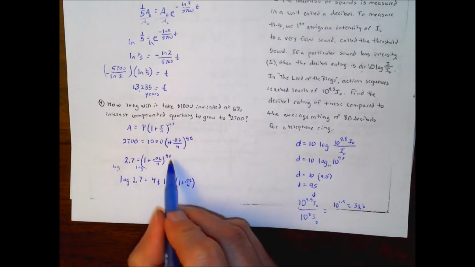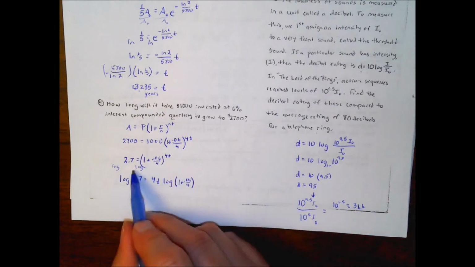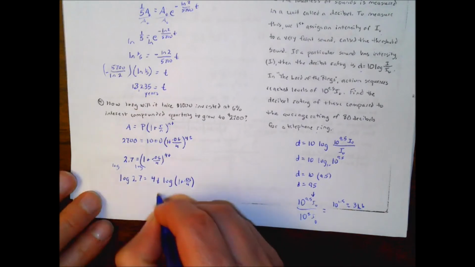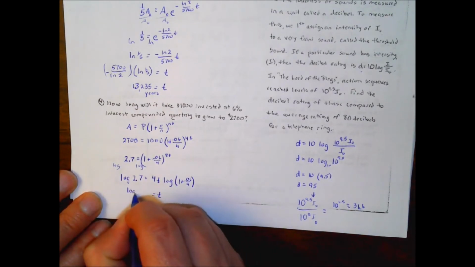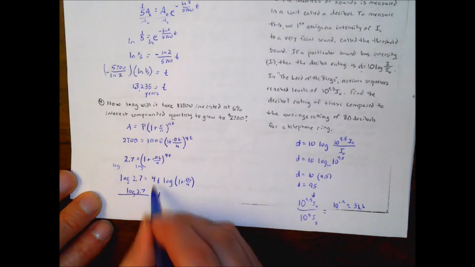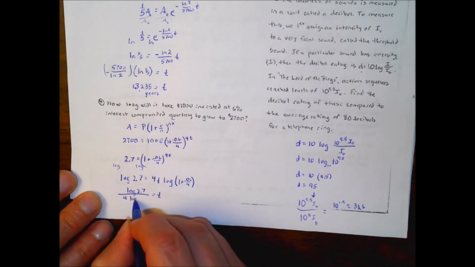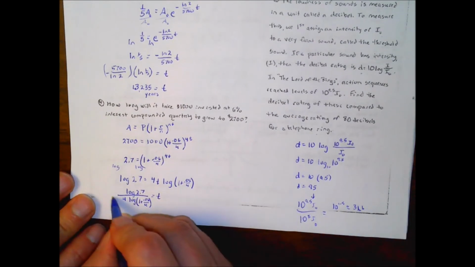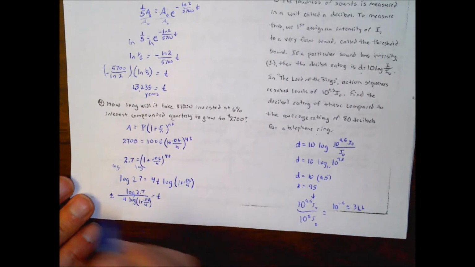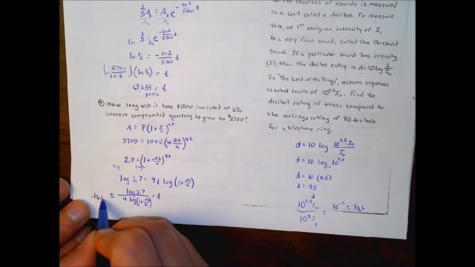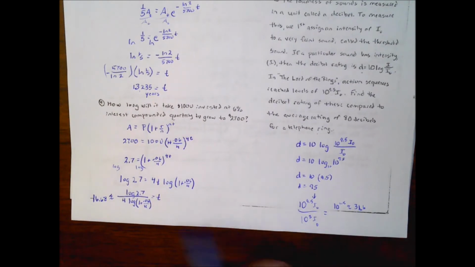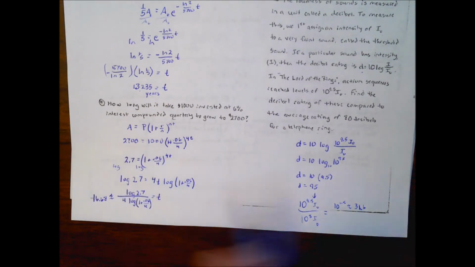To get t by itself, I'm just going to divide by this other stuff. So I have log of 2.7 divided by 4 times the log of 1 plus 0.06 over 4. Put this into Desmos and it comes to about 16.68. So it takes over 16 and a half years for this $1,000 to grow into $2,700.